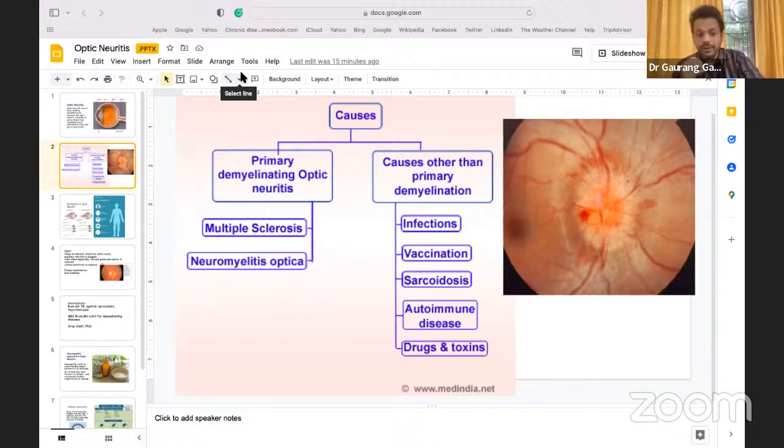For example, if you're treating a case of multiple sclerosis with optic neuritis, then the remedy that you choose will have to be a remedy which you're prescribing on the basis of the mind and body level. You'll have to prescribe what they call a constitutional remedy.